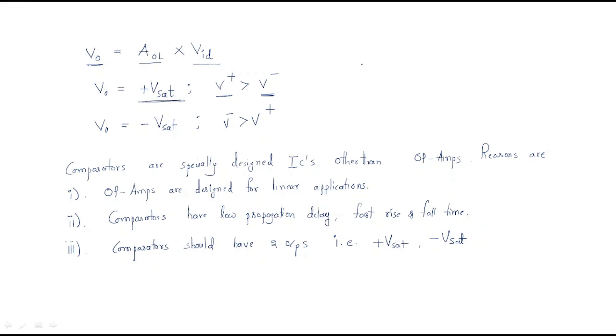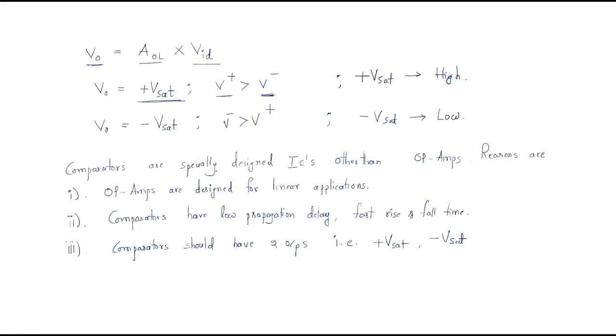You can take this positive saturation voltage as the high value. If the inverting input is more than the non-inverting input, then the output will generate the negative saturation voltage, which is the low value. We can name them 1 and 0, the high value and the low value. So this is the output of the comparator.